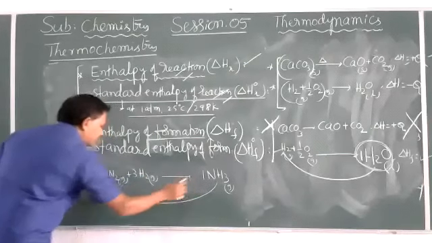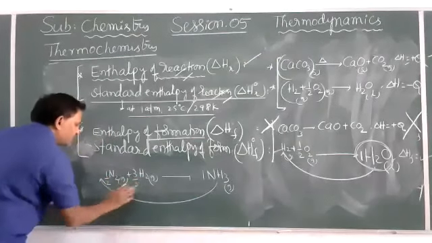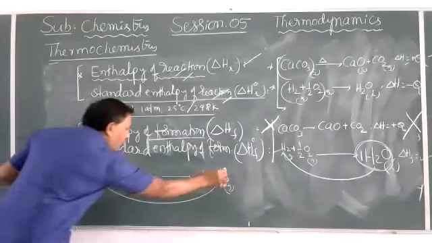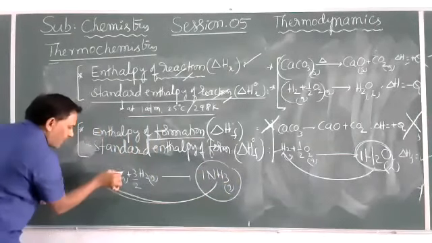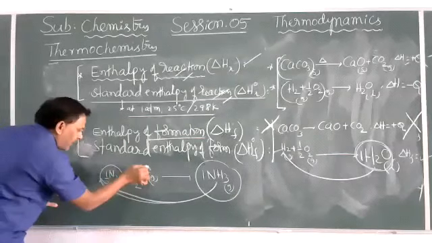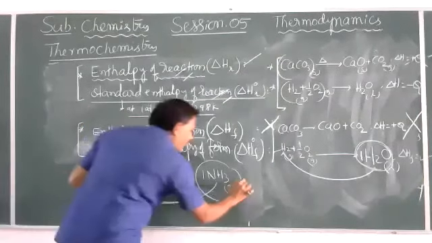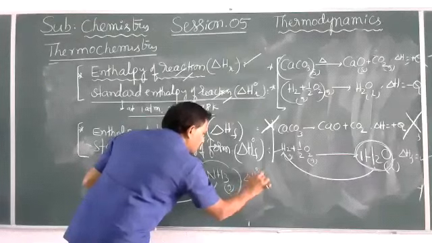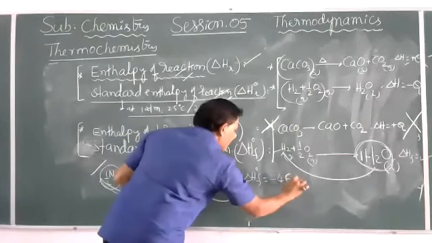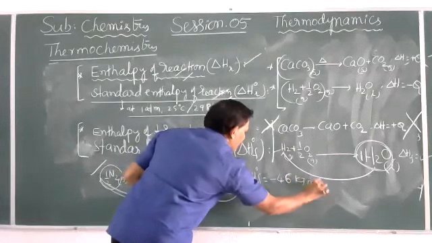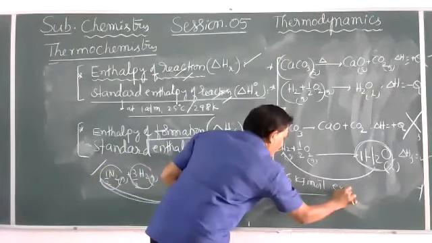Now here, 1 mole is formed, that's why the coefficients are 1/2 and 3/2. These are the numbers of moles, the coefficients. This is an example for enthalpy of formation under standard conditions, that is minus 46 kilojoules per mole. The heat is liberated, that's why it is an exothermic reaction.